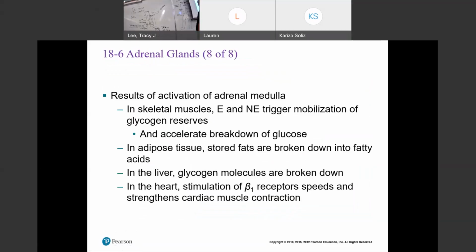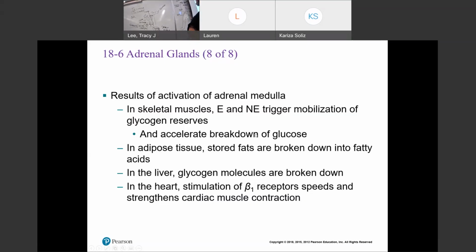What are the results of epinephrine? What are some of the things that happen to our body with epinephrine? Yeah, increased heart rate, increased respiration rate, dilated eyes, glucose dump into the body, things like that.